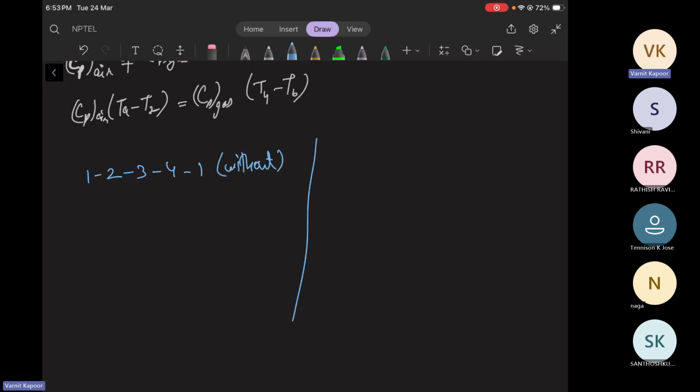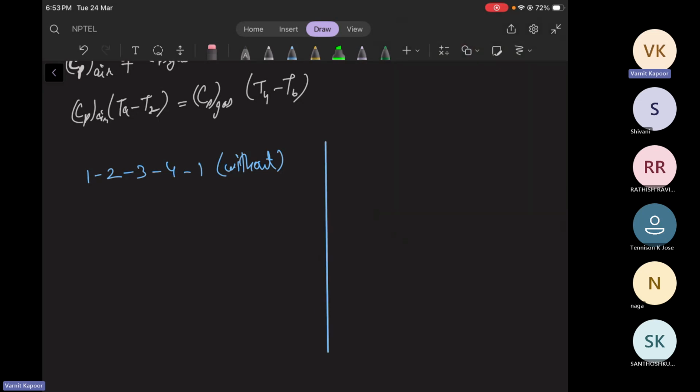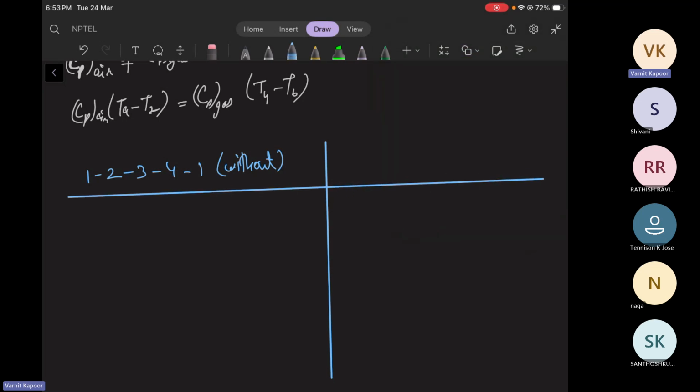And the other is 1, 2, A, 3, 4, B, 1, which is with regeneration.